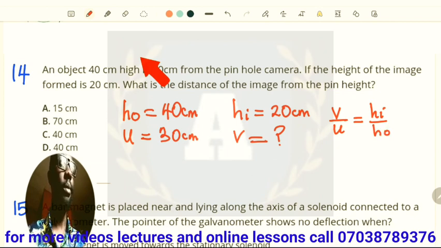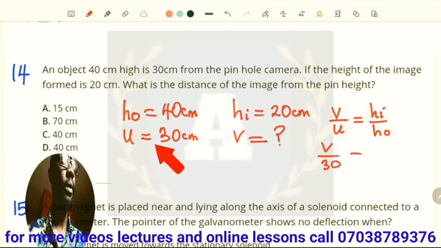The image distance is what we are asked to calculate, divided by U, which is 30, equal to the image height, which has been given as 20, over the object height, 40.